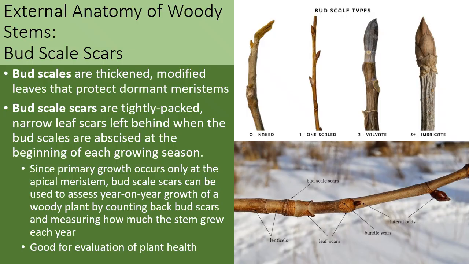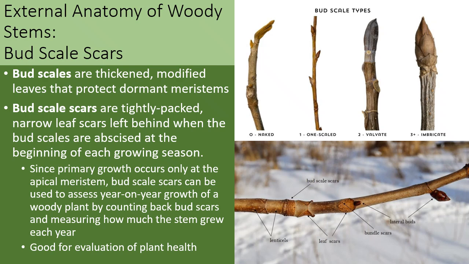Because those bud scales are shed each year when growth resumes at the stem tip, they leave behind these little bud scale scars, which are densely packed, narrow little scars, left at the beginning of each growth season.